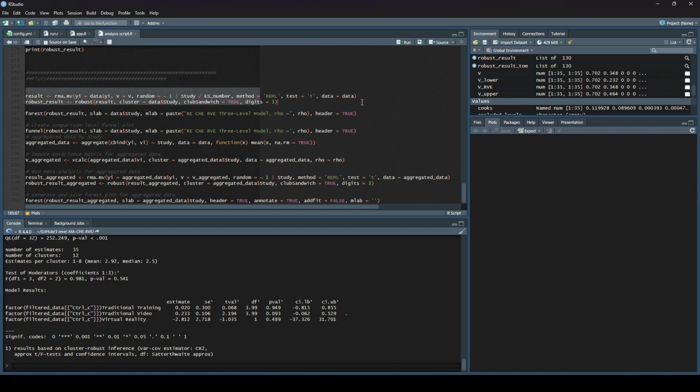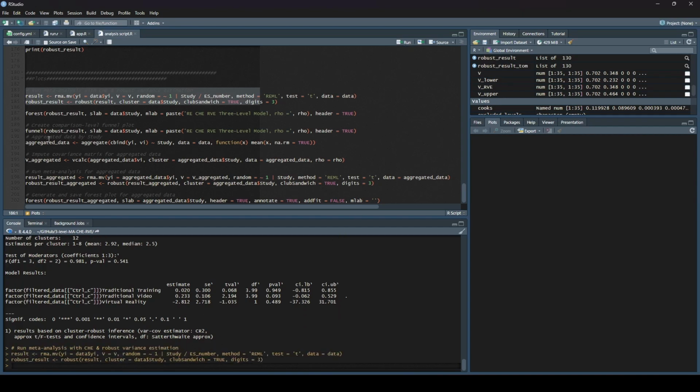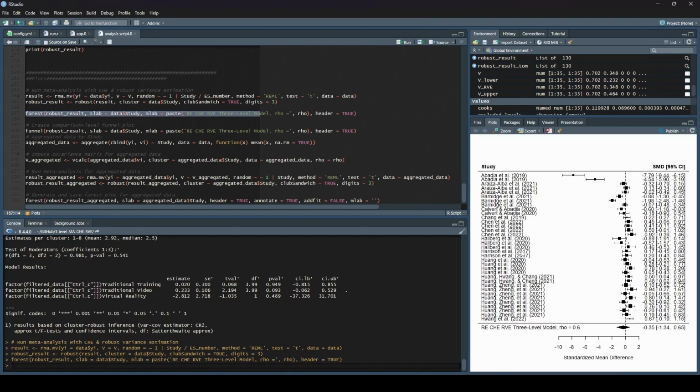This first step is just rerunning my meta-analyses again, just so that it's here and I know what things are called. I called this robust result. And what I want to do now is create my forest plot. So let's go ahead and do that with this code. Ta-da! This is just a generic standard forest plot.